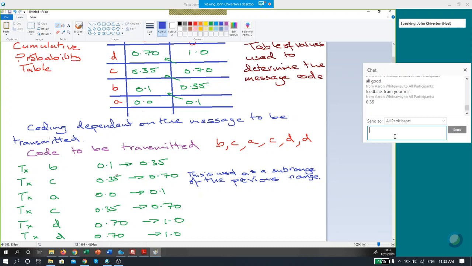Okay, so 0.1 to 0.35, and then 0.35 of that range. So it's like saying, okay, let me re-sketch this.